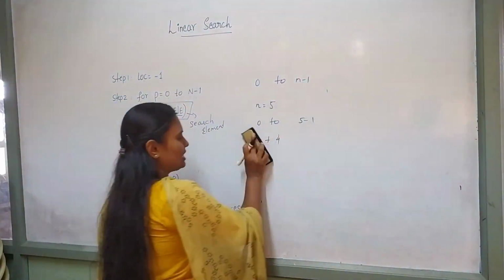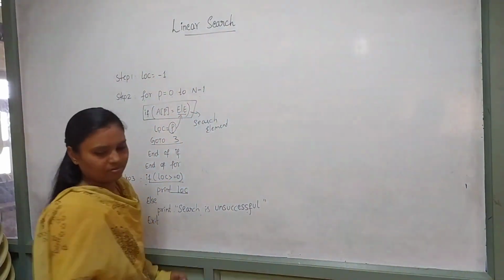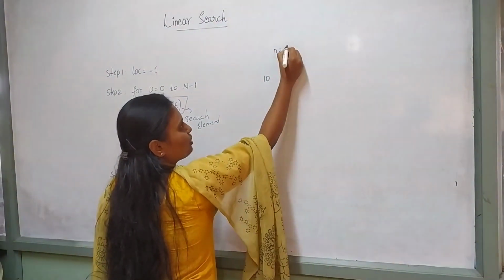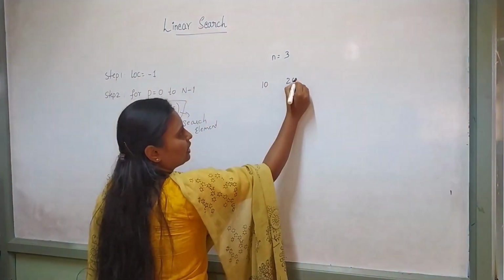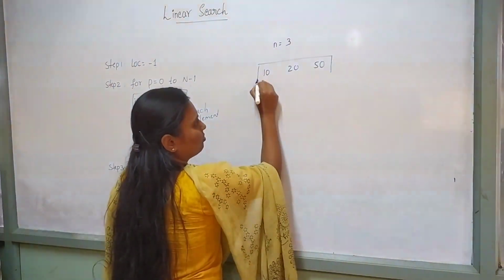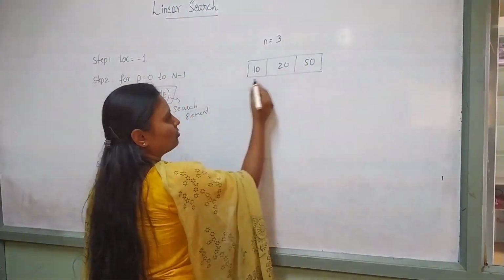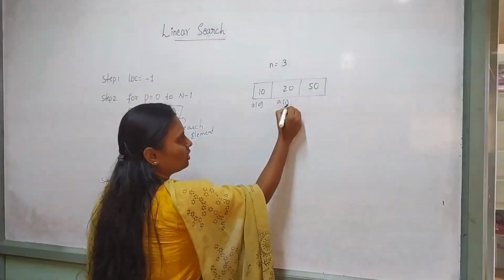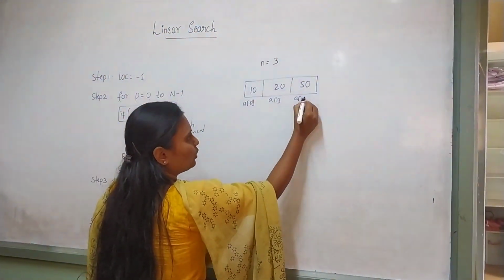Let us discuss one example here. For example, n is equal to 3, and the elements are 10, 20, 50, that is a of 0, a of 1, a of 2.